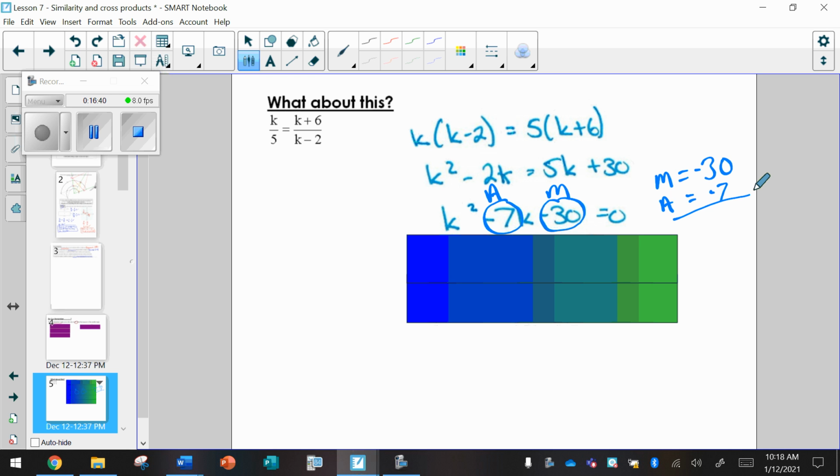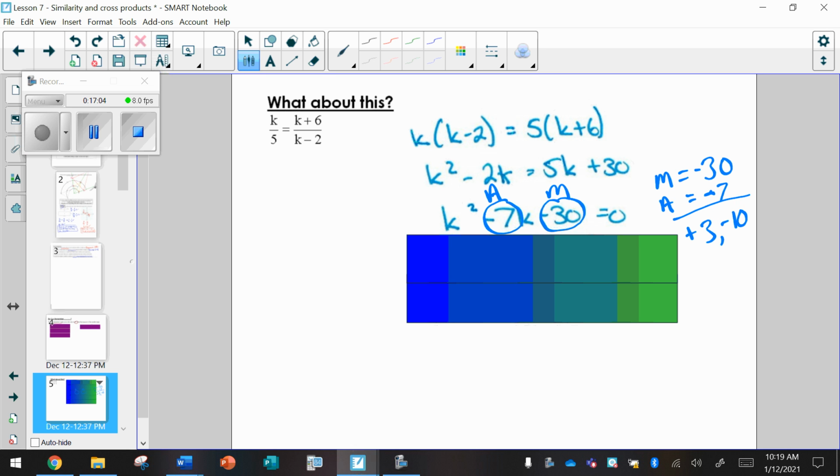Think about what numbers multiply to be 30. And in order to multiply to be a negative 30, we have to have one positive number and one negative number. Those same two numbers are supposed to add to negative 7. So that would be 3 and negative 10.